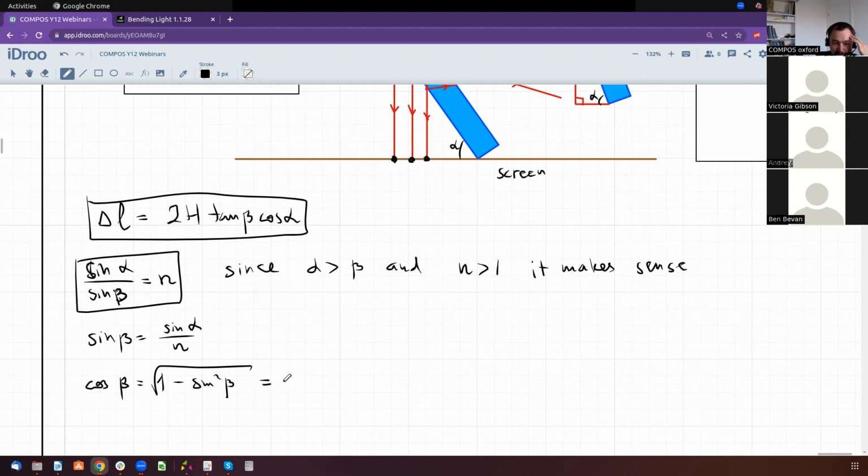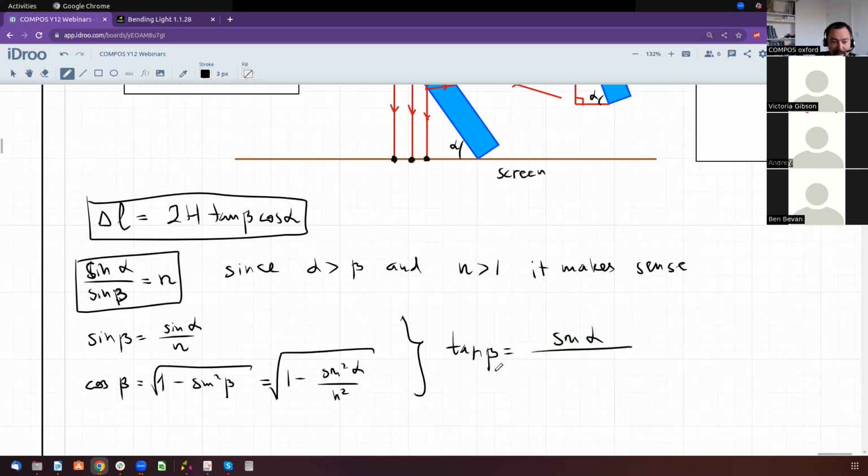And that's going to be the square root of 1 minus sine squared alpha over n squared. So from here I can work out tan beta. Tan beta is sine alpha over the square root of n squared minus sine squared alpha.